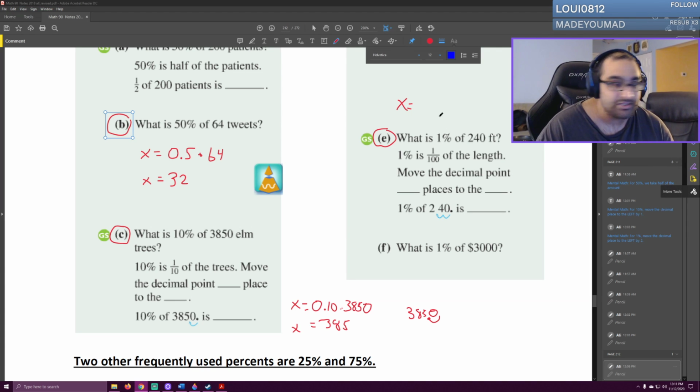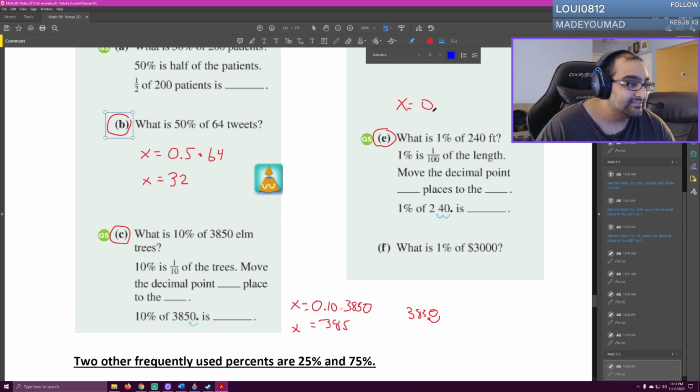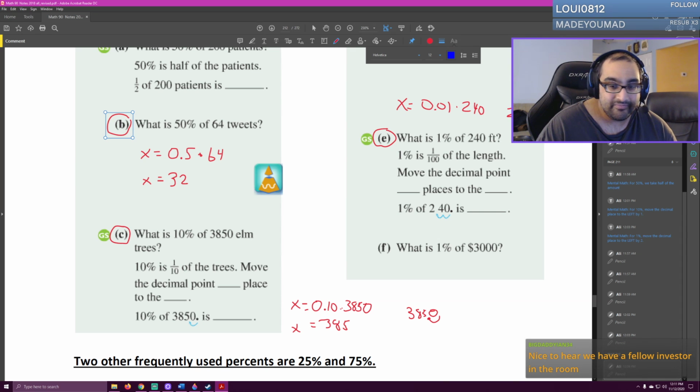So, using mathematics, 0.01 times 240. And then we go 1 and 2 places to the left. So here what we're going to get is exactly 2.4.